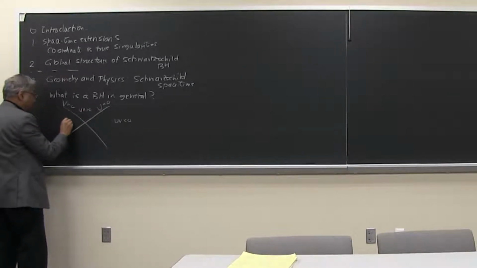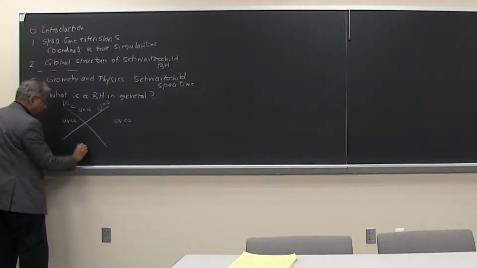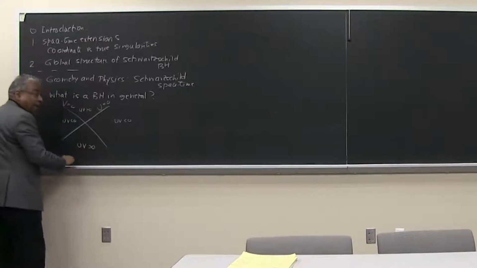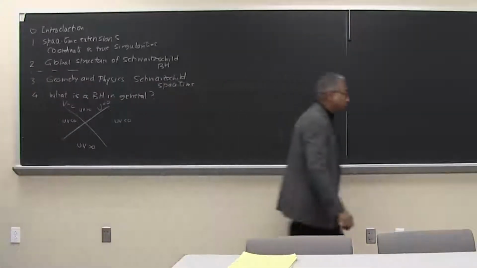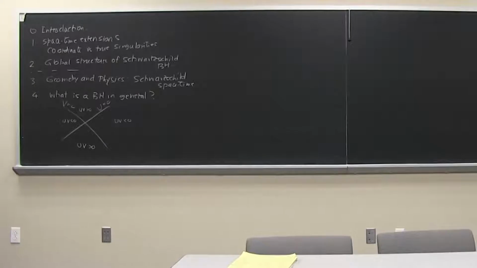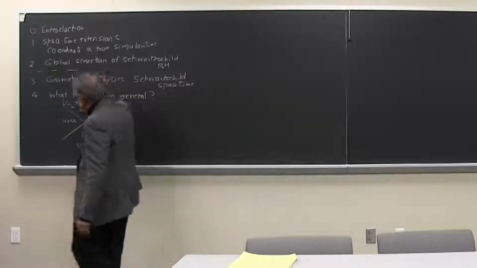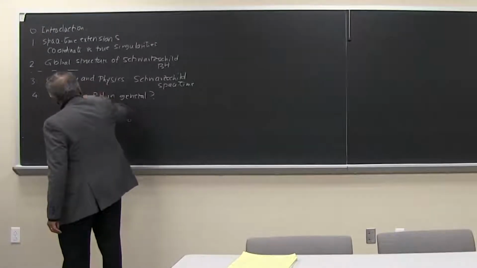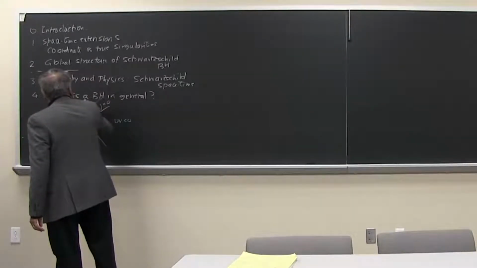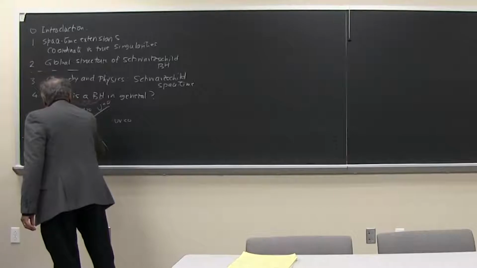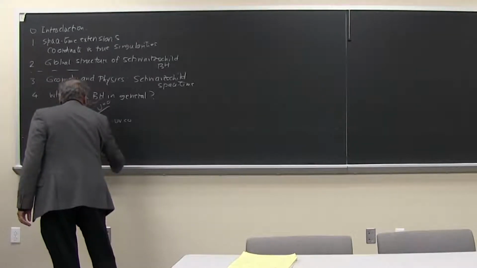In this region, uv is again less than 0. Here, uv is bigger than 0. And then we saw that we have singularities, and the singularities are given by r equal to 0. This is r equal to 0, and there are two lines, r equal to 0.